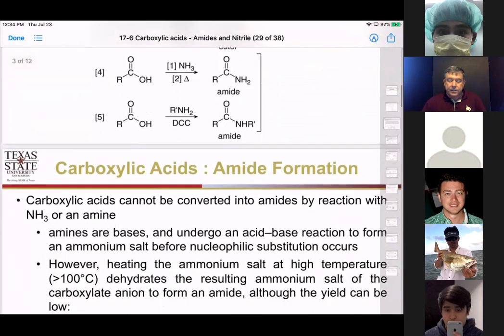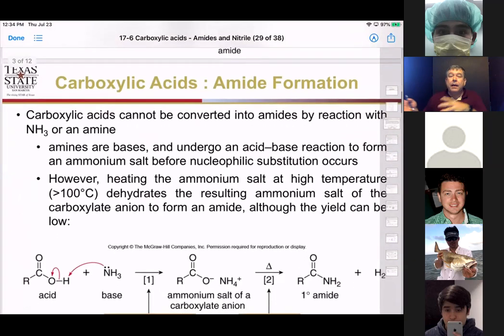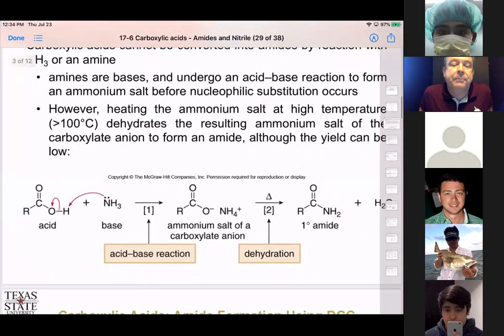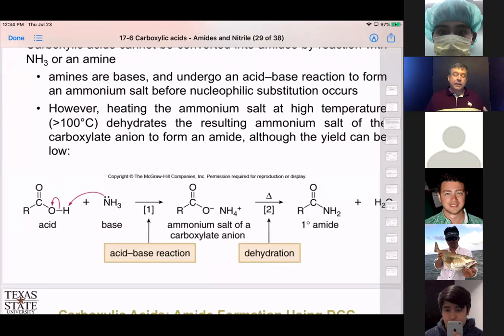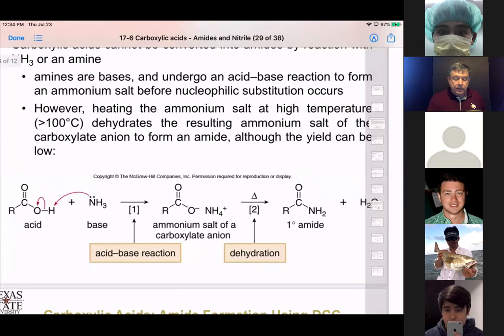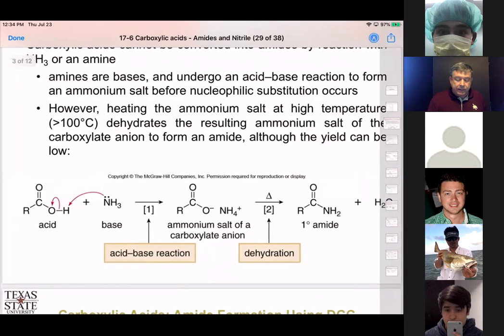Which means we can actually make amides out of any of the other functional groups. In the case of the acid or the acid anhydride or the ester, we typically use the more basic amine base as our nucleophile, and it'll displace either OH or other things.